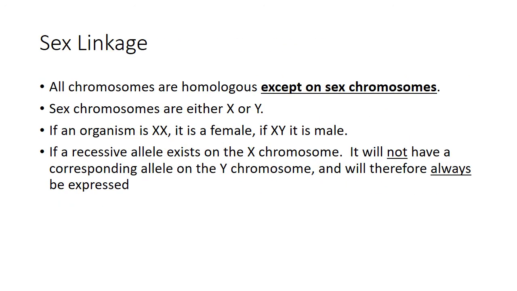So sex linkage means that it's on the sex chromosomes, which is the 23rd pair. Remember, autosomal is 1 through 22. Sex-linked is our 23rd pair. All chromosomes 1 through 22 are homologous, so all autosomal are homologous, but the sex chromosomes are not.